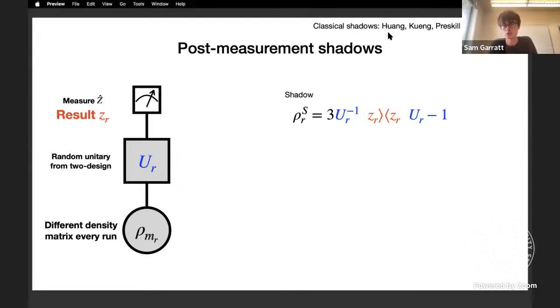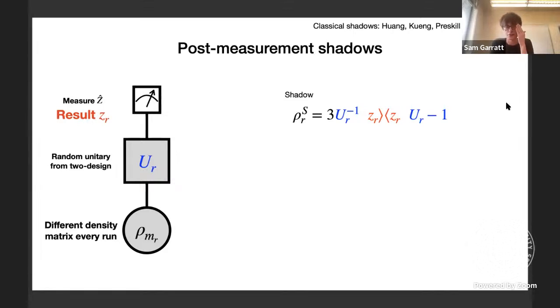What Robert Huang and collaborators do is they define this strange object, which they call a classical shadow. And this classical shadow has a very simple property. So let's step back from the post-selection problem for a moment. Imagine that we could prepare rho_MR many times over. Maybe the number of measurements we perform is quite small, but imagine we had access to the same rho_MR many times.